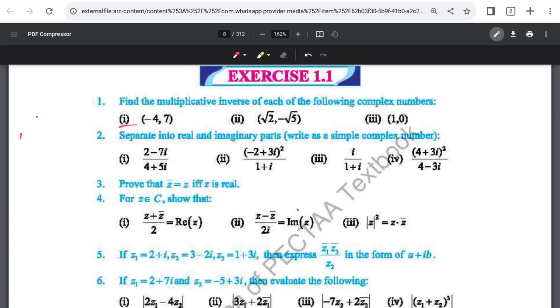So let z be equal to minus 4 plus 7 iota. Okay, so now we take the conjugate of z.